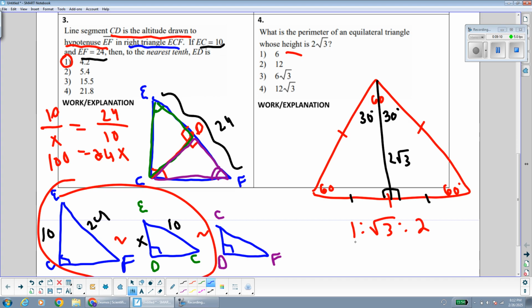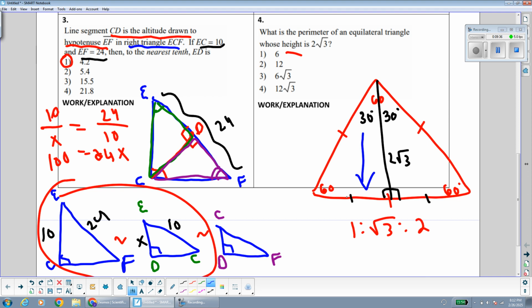This is the smallest side, middle side, biggest side. You can find the smallest side because it's across from the smallest angle. For example, here's the 30-degree angle, the smallest angle. Opposite from that, the side over here, would be the shortest side of that triangle. And it makes sense because the hypotenuse needs to be the biggest side.